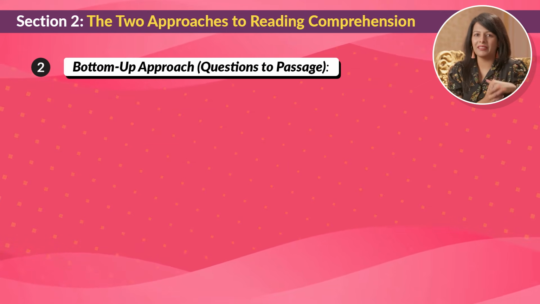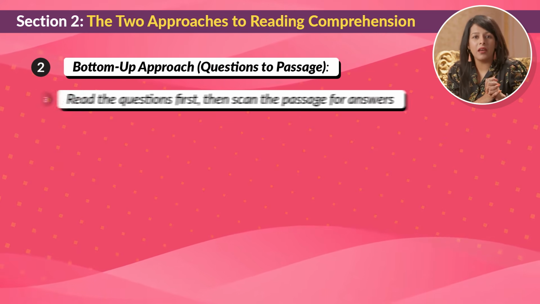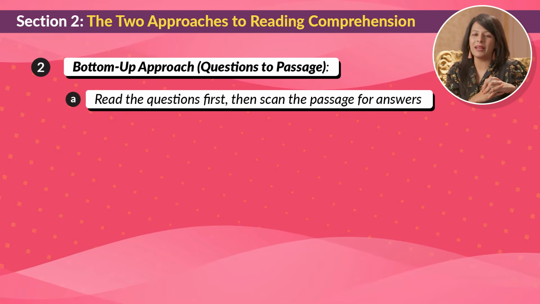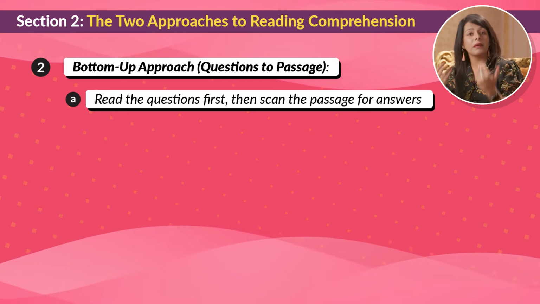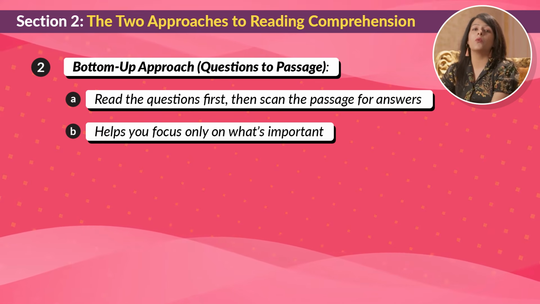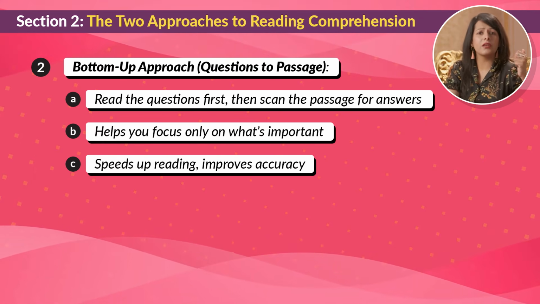Second, there is the question to passage method, also known as the bottom-up approach. Here, you first read the questions carefully. Then you go back to the passage to find the answers. Like the second experiment, this method lets you focus on what really matters. It speeds up your reading and improves accuracy.